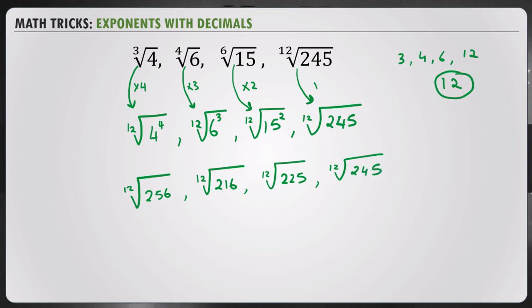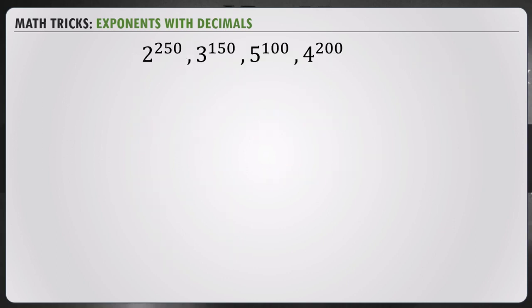Now we can easily find the smallest and the largest number. The smallest number is the 4th root of 6, and the largest number is the 12th root of 245.